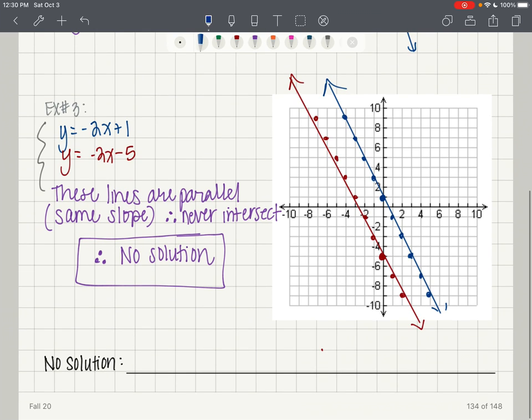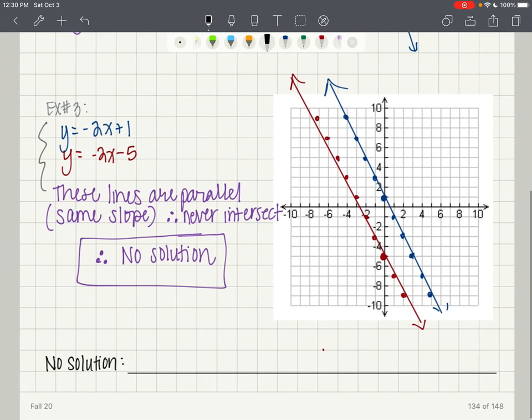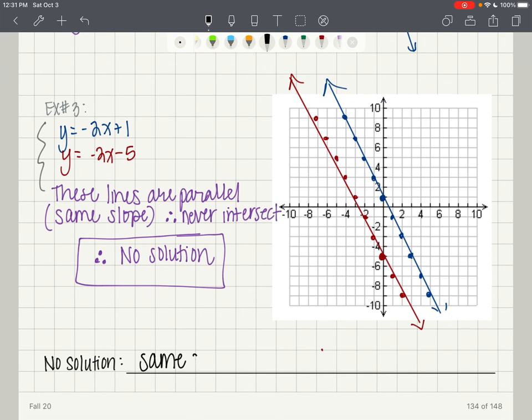Now, no solution occurs when you have the same slopes but different y-intercepts. So our slope here is negative 2.